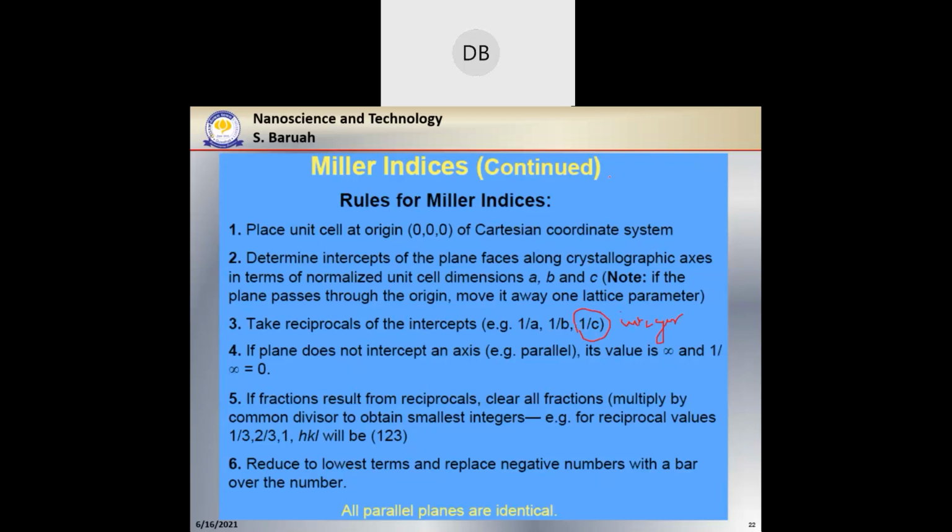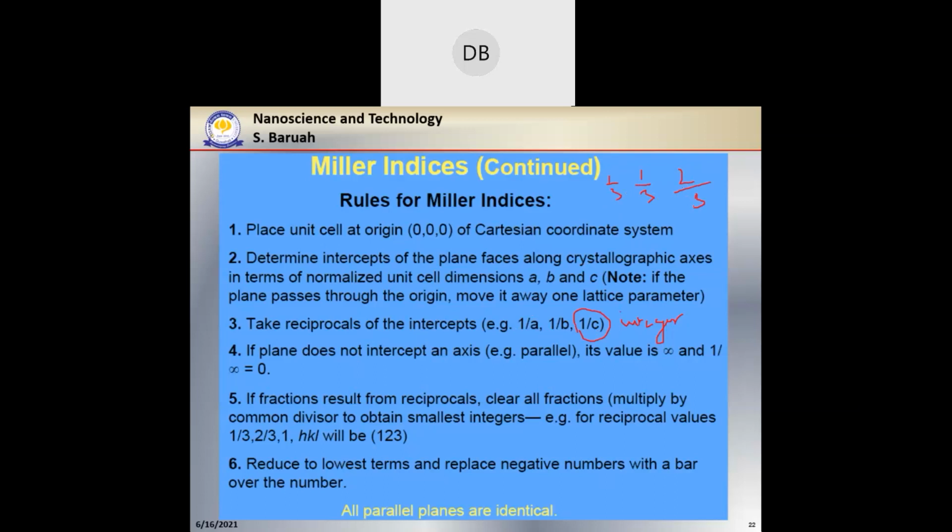As an example, suppose this is 1 by 3, 1 by 3 and 2 by 3. Suppose you are getting these values on calculation. Then when you make 1 by A, 1 by B, 1 by C, that means suppose the unit cell is cutting at 3, 3 and 3 by 2. Then you get this one, but you cannot use this as Miller indices.